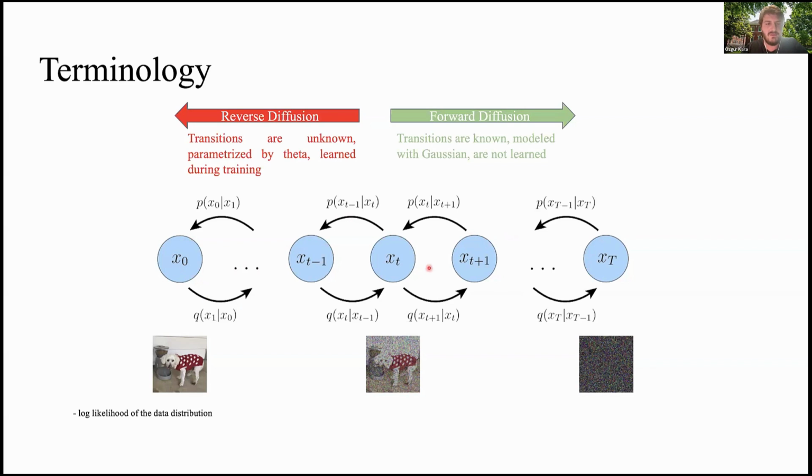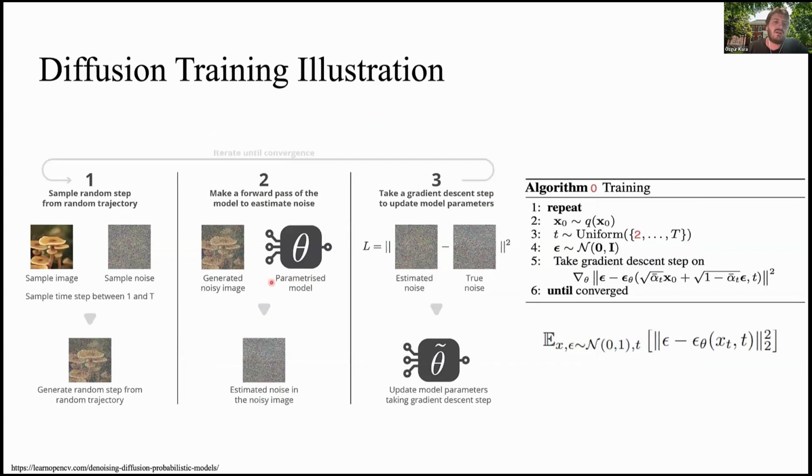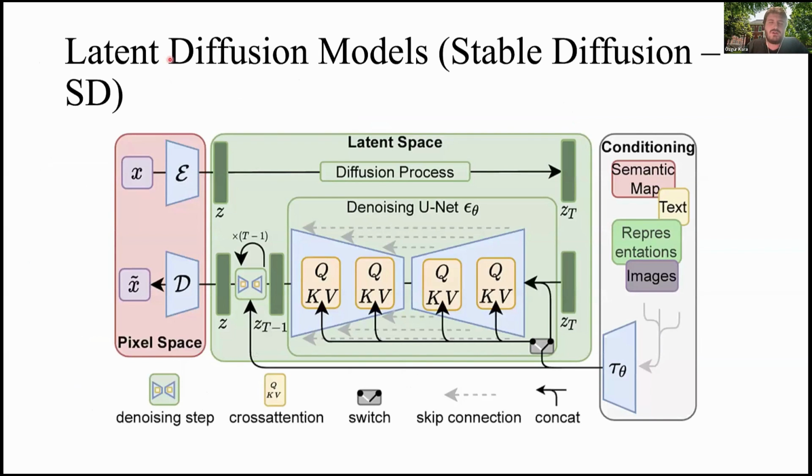So latent diffusion models took one step forward with this approach, because in this approach we are processing everything in the pixel space, assuming that our domain is images. And there are problems when we use images, such as they are computationally expensive, because we are working in pixel space and we need computation power to process this high-dimensional data.